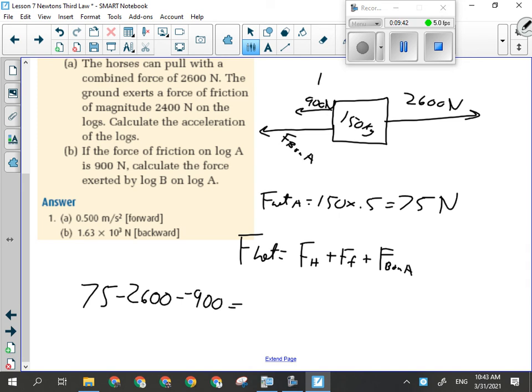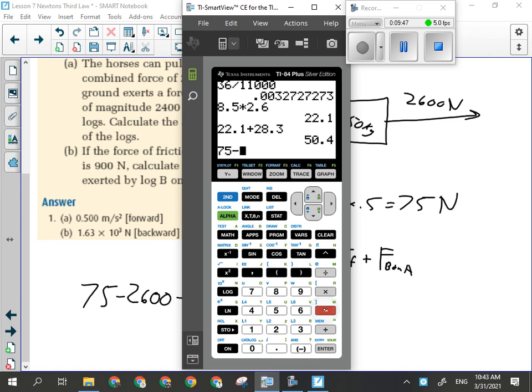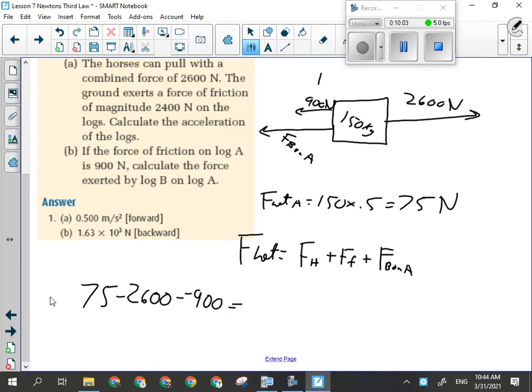That'll give me my force of B on A. So I'm getting 1.63 times 10 to the 3 newtons backwards as the force that B exerts on A. Everybody okay with what I did there?